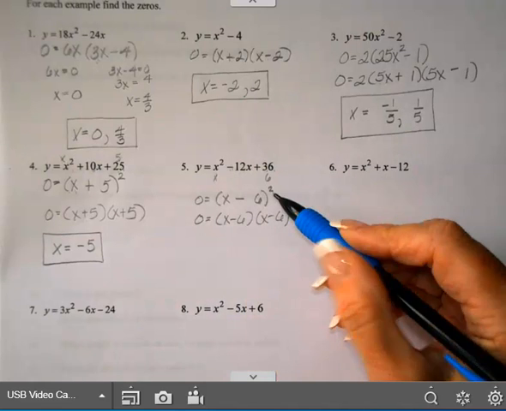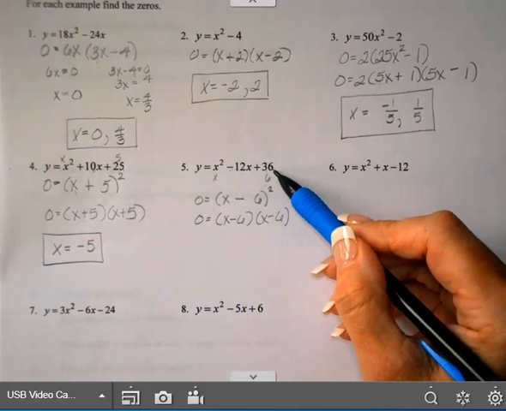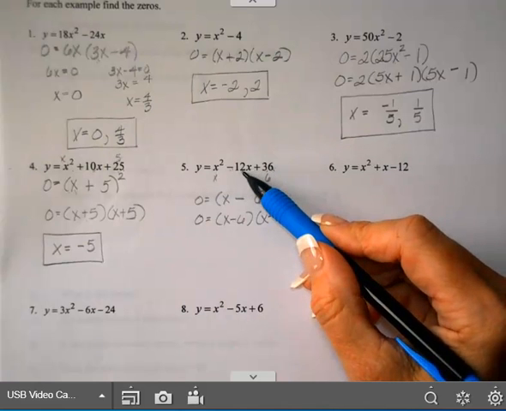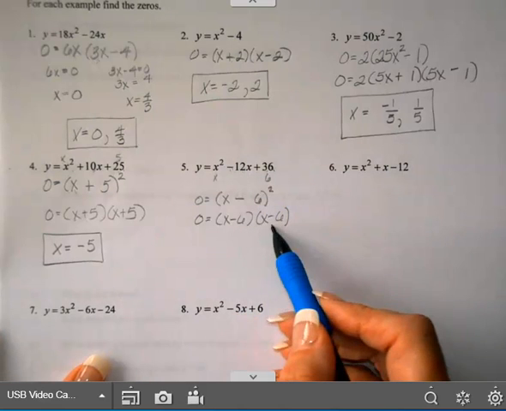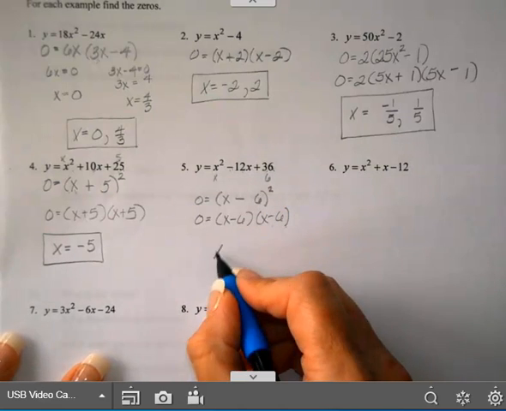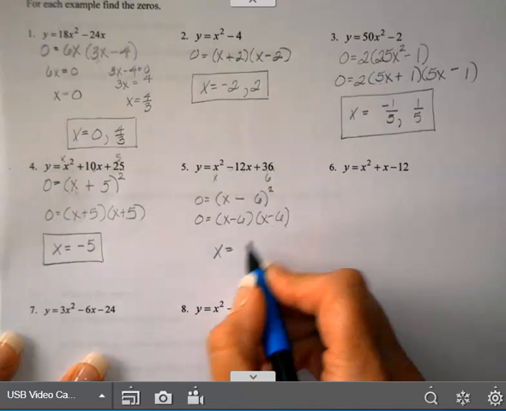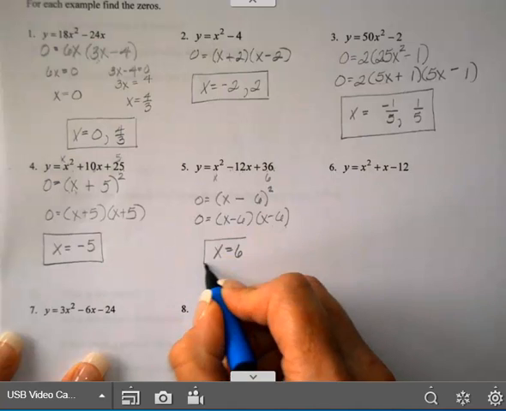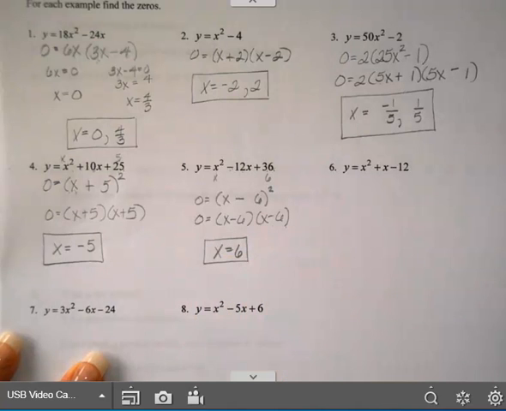Another way to solve this, you could have looked at it multiplies to 36 and adds to -12. So that would have been -6 and -6. So it would be x minus 6, x minus 6. What makes each of those factors 0 is x equals 6.